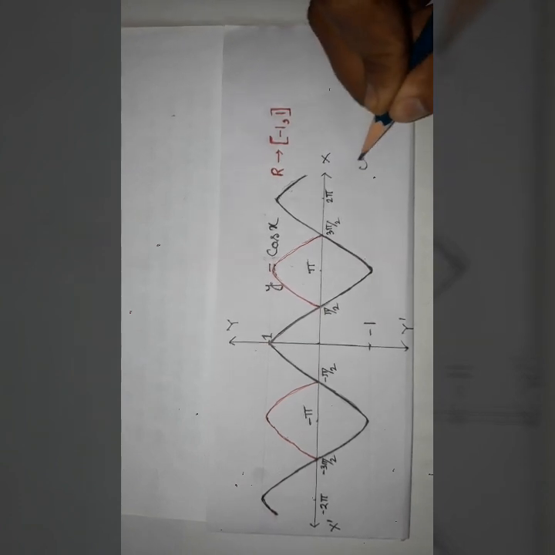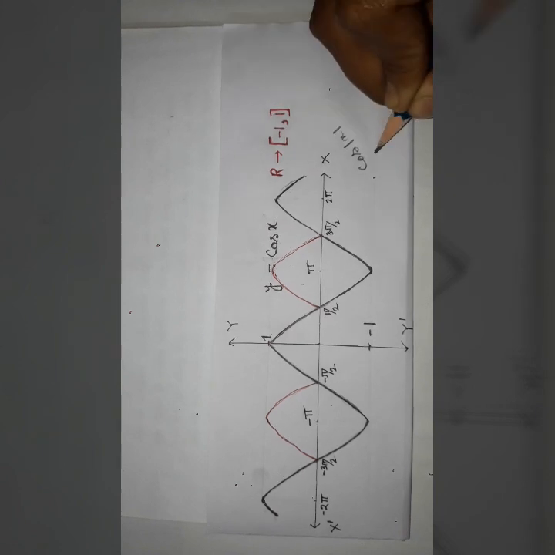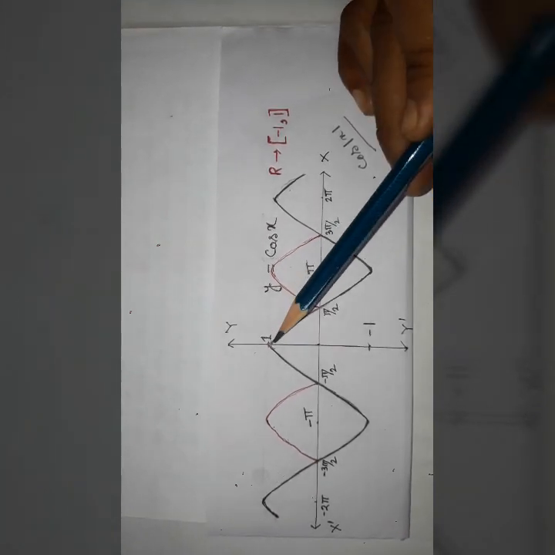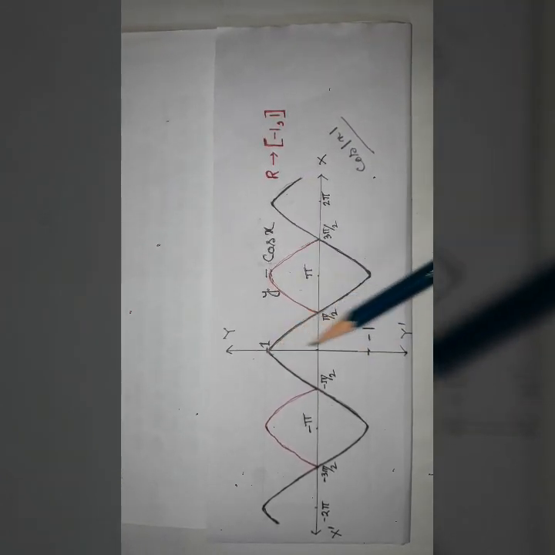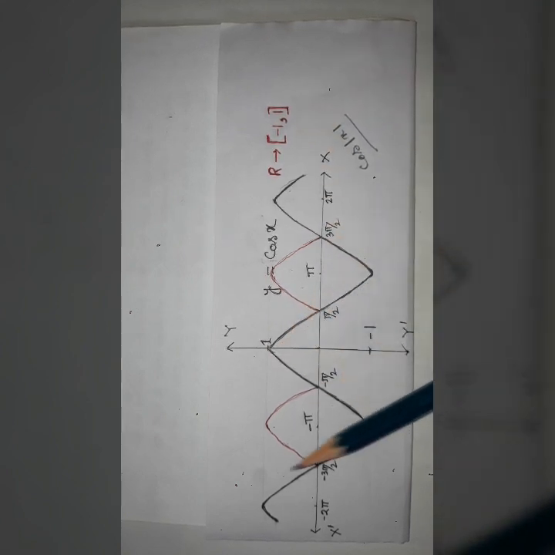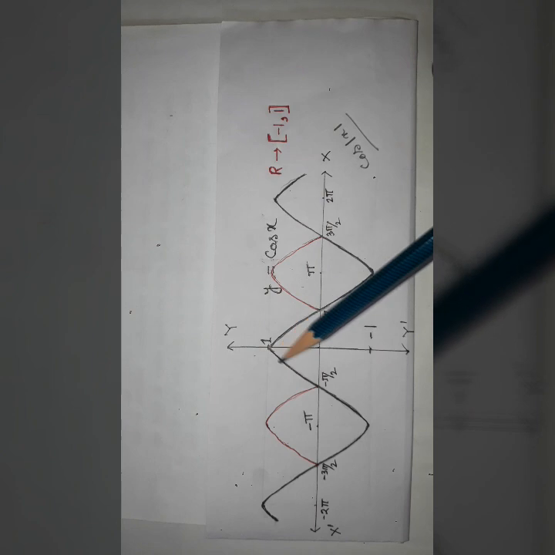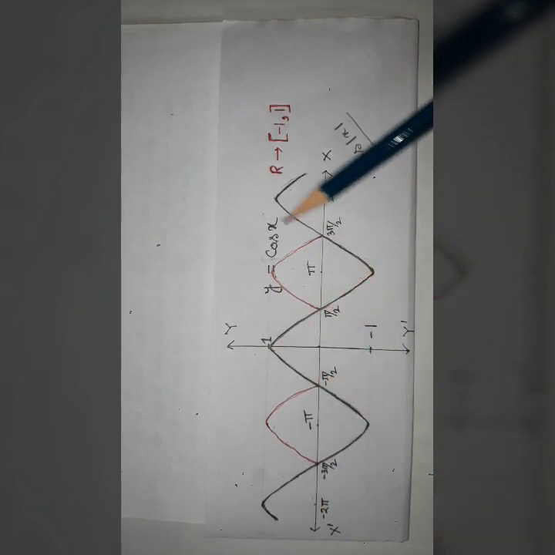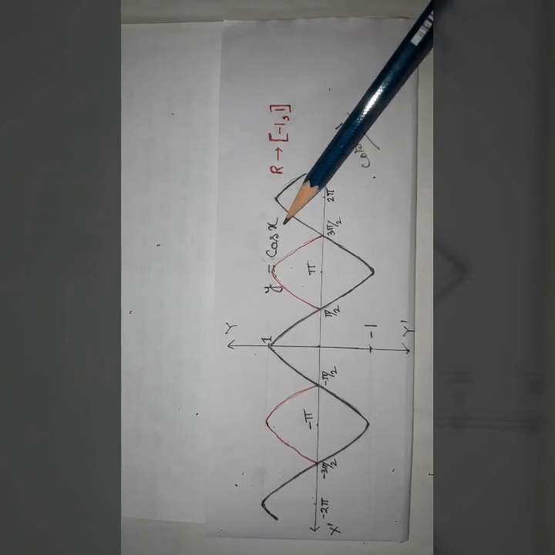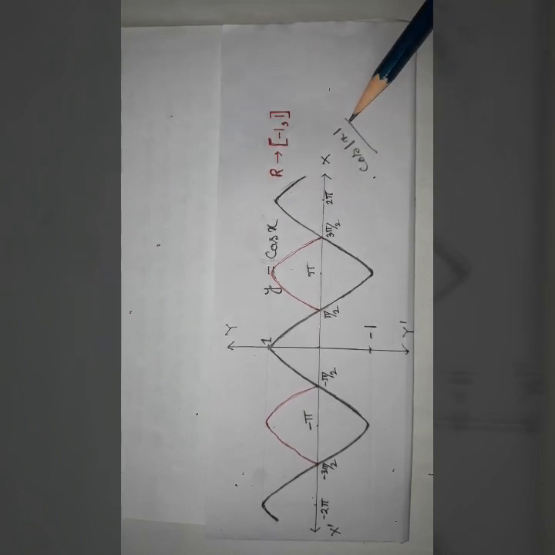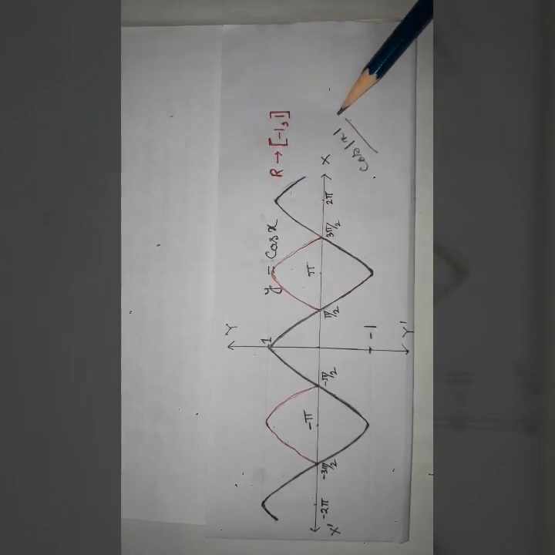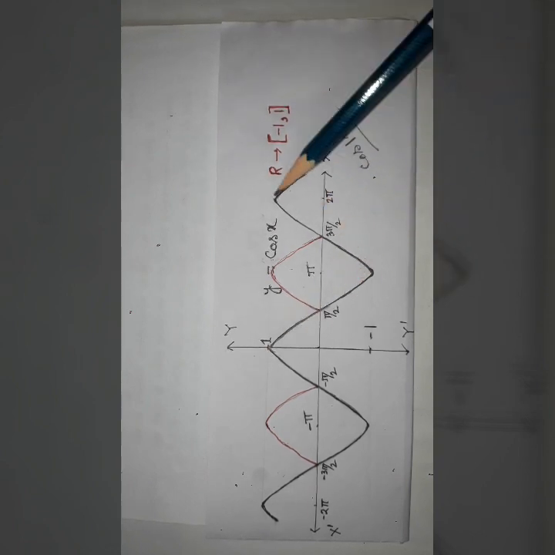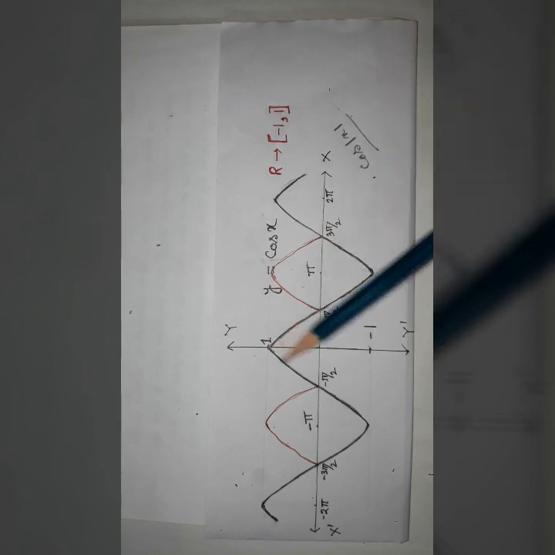Now you see, as the graph of cos x is symmetrical with respect to this y axis, with respect to this y axis, both these two portions are same. This portion is the reflection of this part. That's why the graph of cos x and the graph of cos mod x are same, as this part is the reflection of this part, or you can say this part is the reflection of this one.